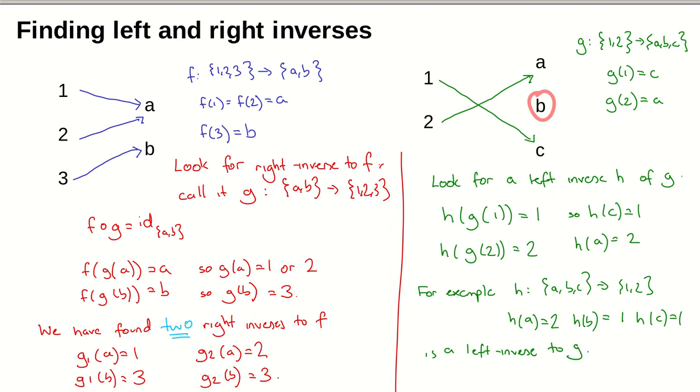But we could again produce more than one left inverse, because we could have chosen h of b to be 2 instead of 1.